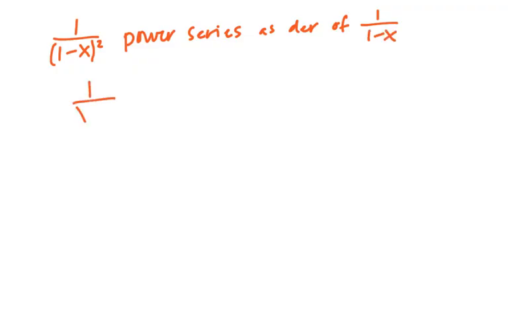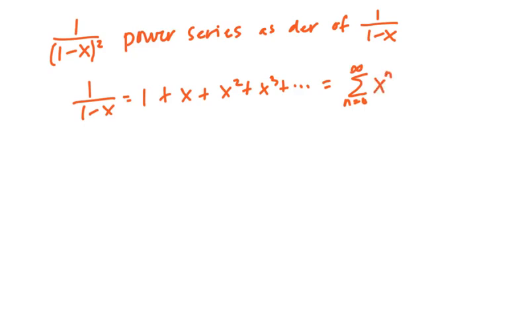So let's think about 1 over 1 minus x. Those terms are 1, x, x squared, x to the third. Now remember this function doesn't equal each of those terms term by term. It equals the summation of those terms. It equals the series. So this equals the series from n equals 0 to infinity of x to the n.